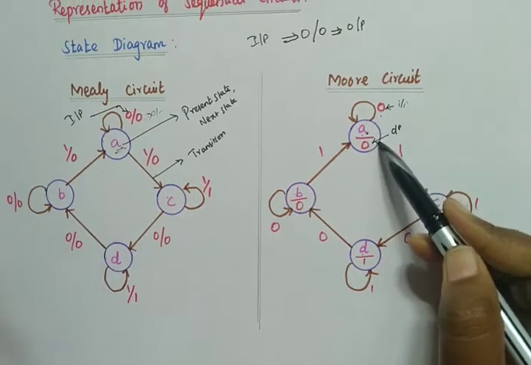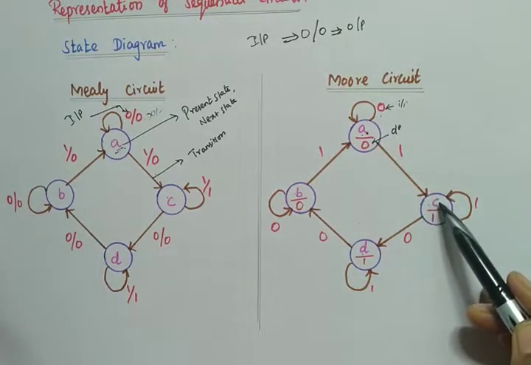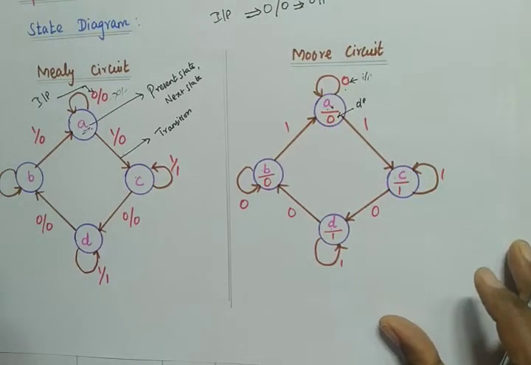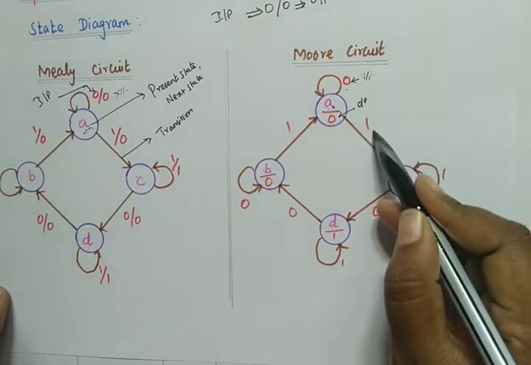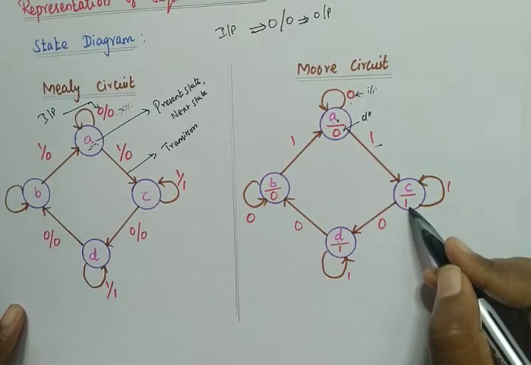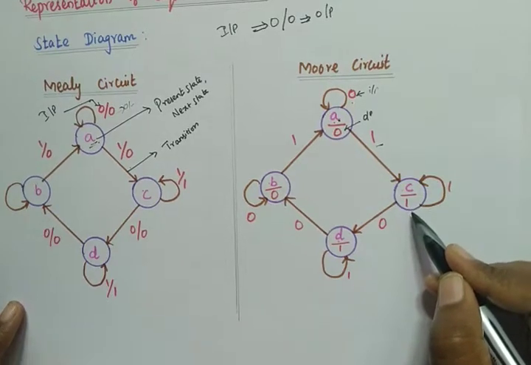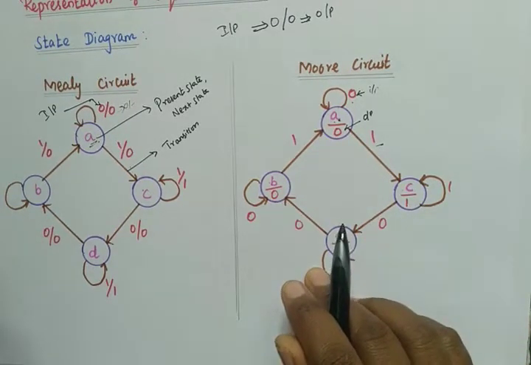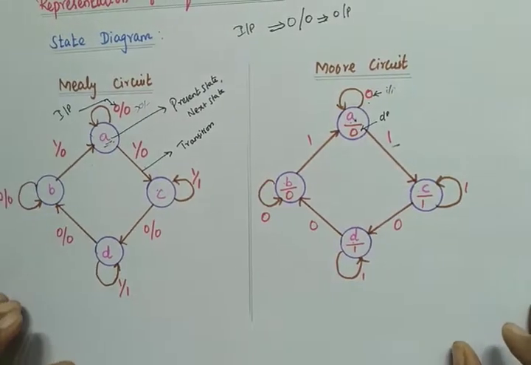For the present state A, the next state will be C when the present input is 1. This is input. Now what will be the output? For C, the output will be 1. So this is what is called a state diagram.